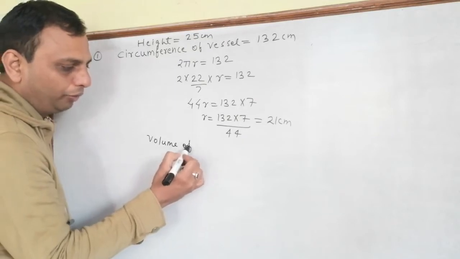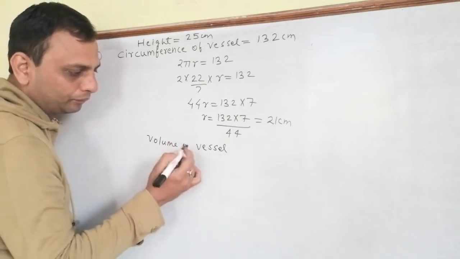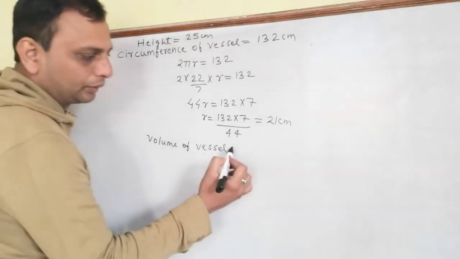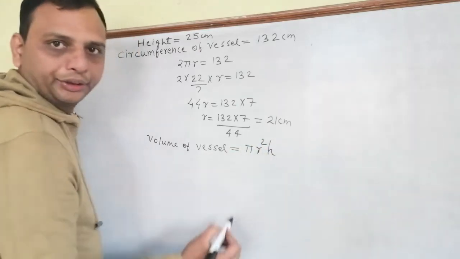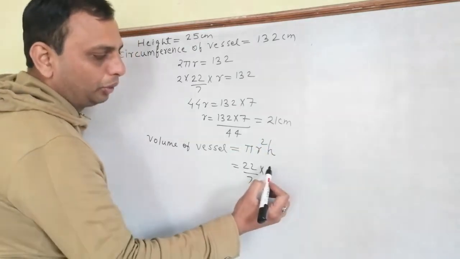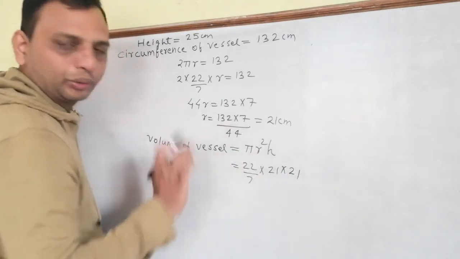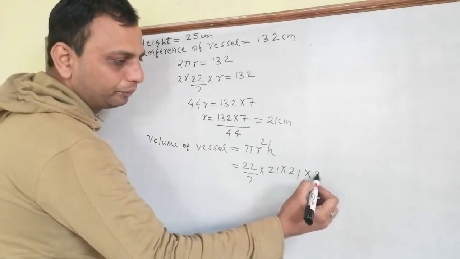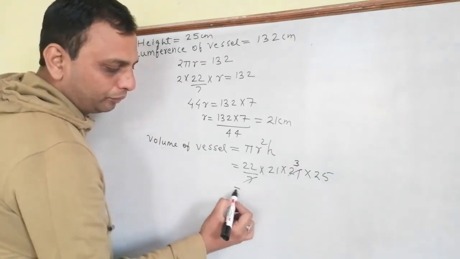The volume of the vessel is pi r square h. Pi as usual is 22 upon 7, radius 21 into 21 because r square is there, and height 25. 7 will cancel with 21 three times.